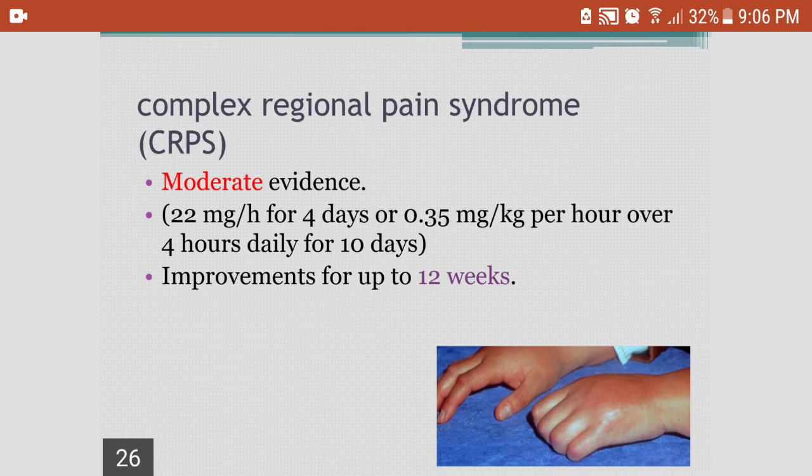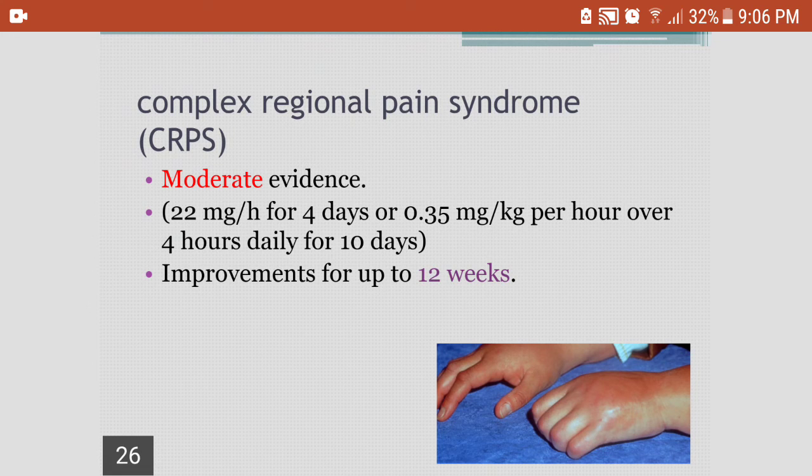For complex regional pain syndrome or CRPS, there is moderate evidence supporting the use of ketamine infusion for relieving pain. The guideline for CRPS is 22 milligrams per hour for 4 days, or 0.35 milligrams per kg per hour over 4 hours daily for 8 days.